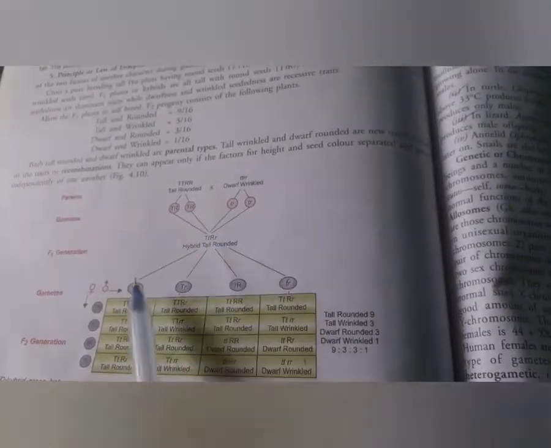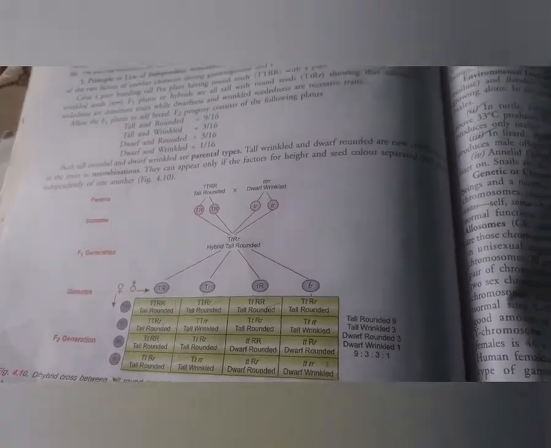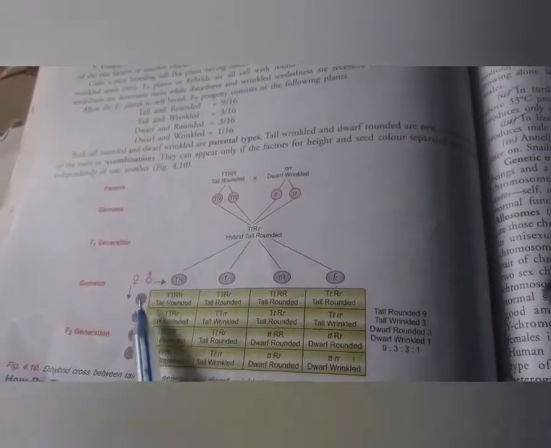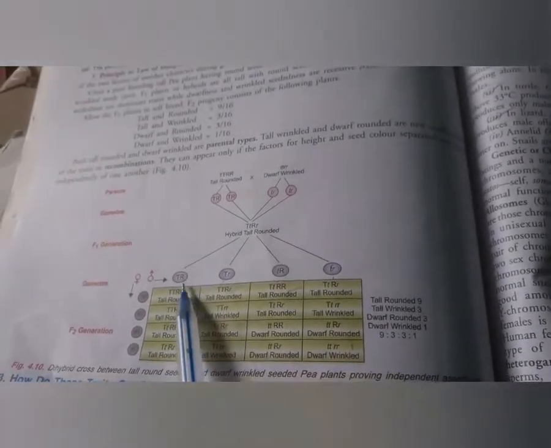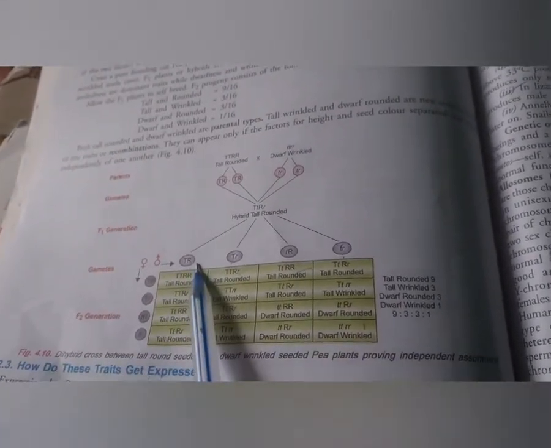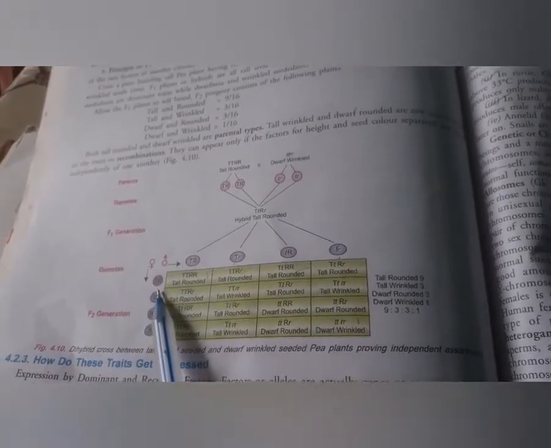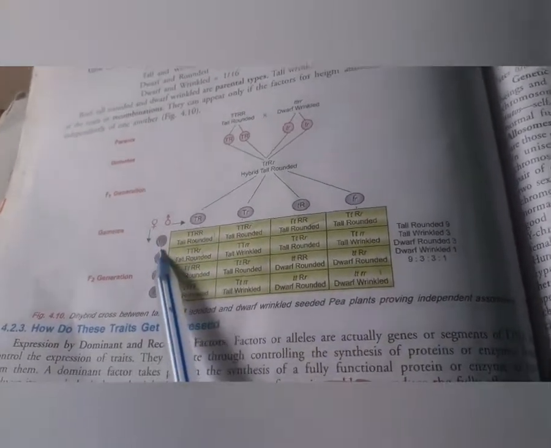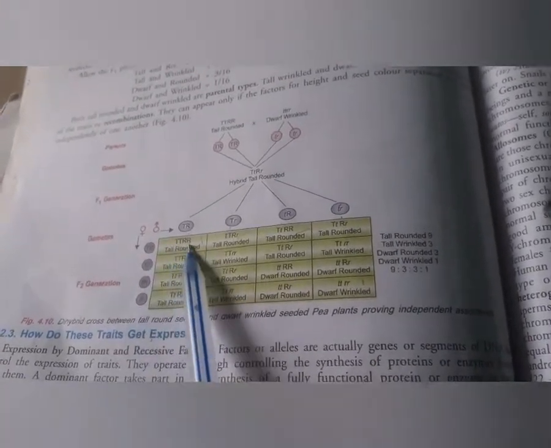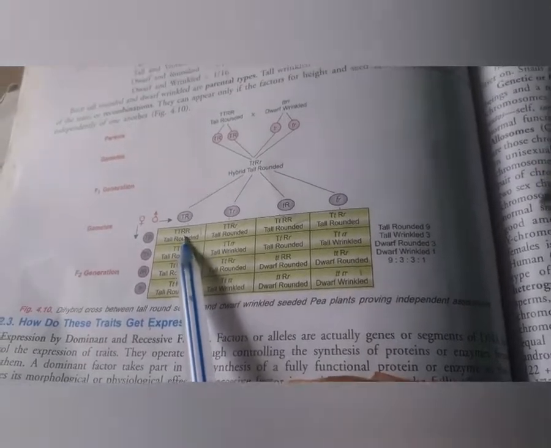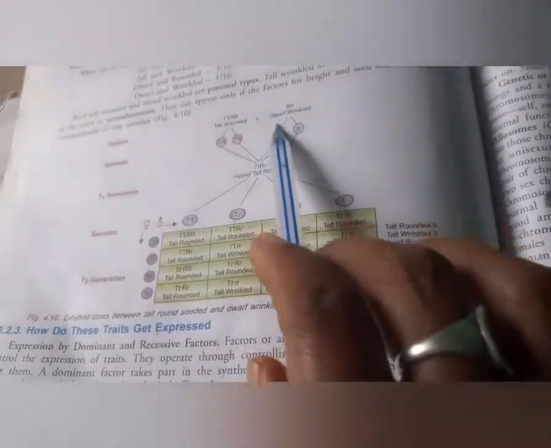But when all the gametes are formed, male gametes and female gametes, what happened? The gametes are independent to assort or make a combination with another one. That is called independent assortment. That means in the F2 generation, all the gametes that are produced are independent to combine or make pairing with another pair of another individual.